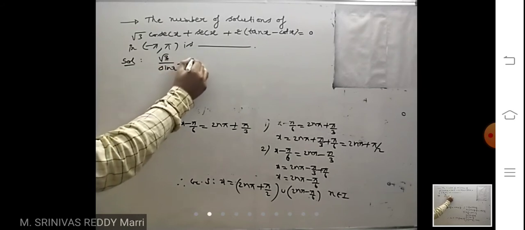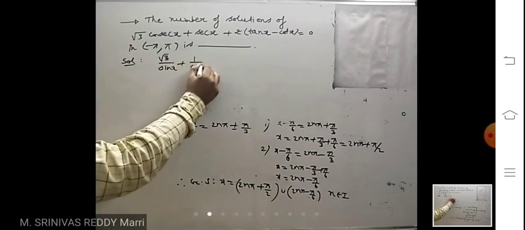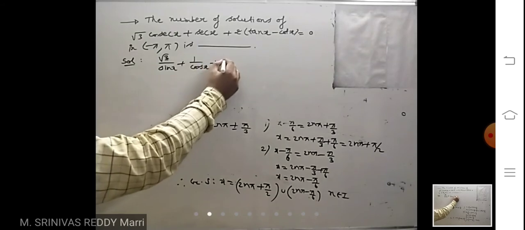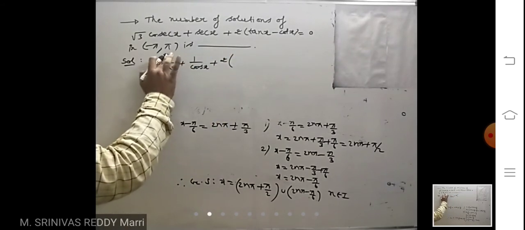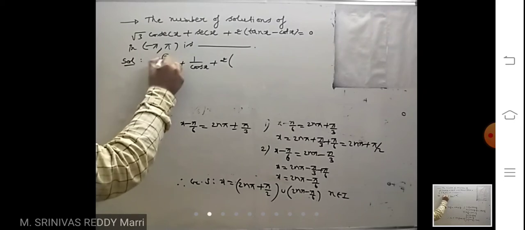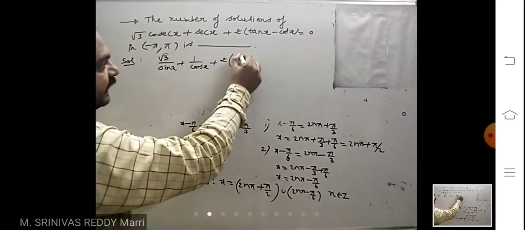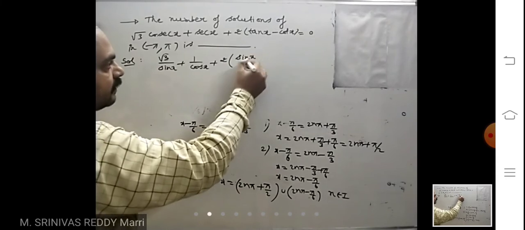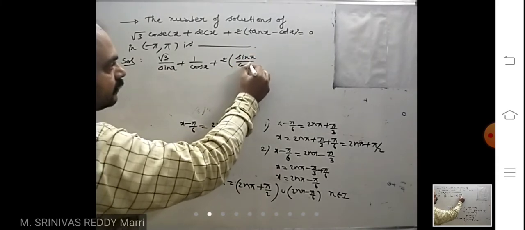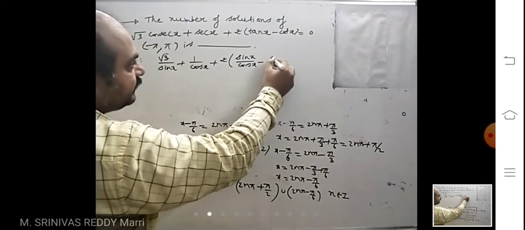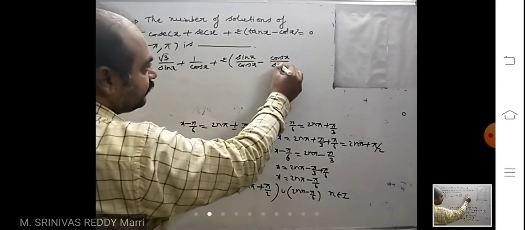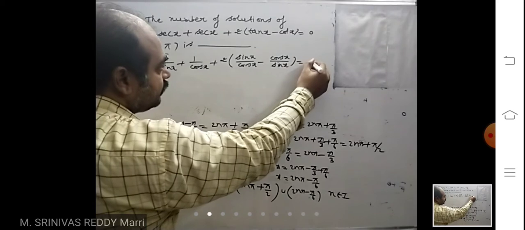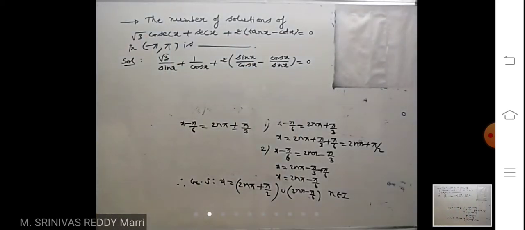Root 3 by sine x plus 1 by cos x plus 2 into sine by cos minus cos by sine equal to 0.